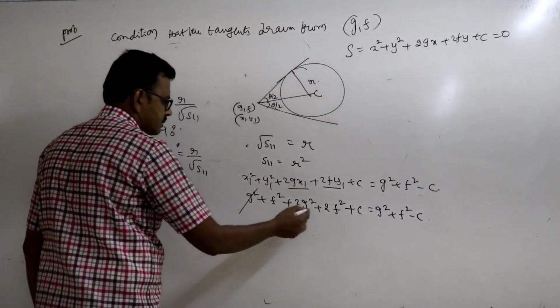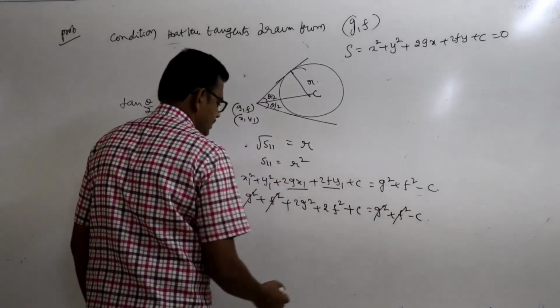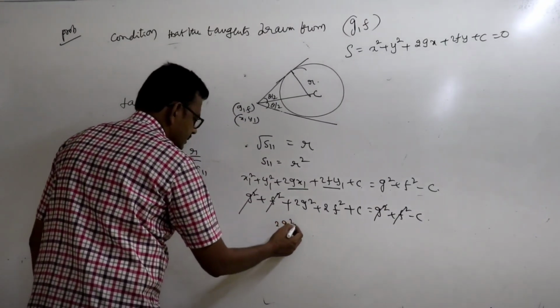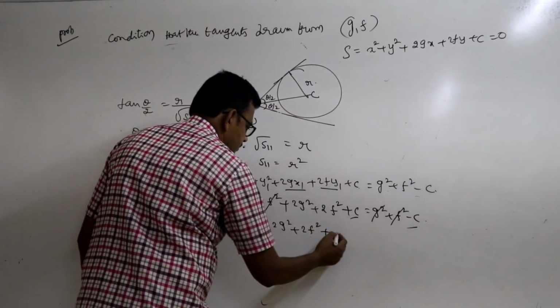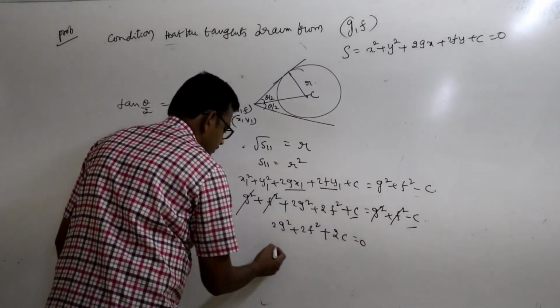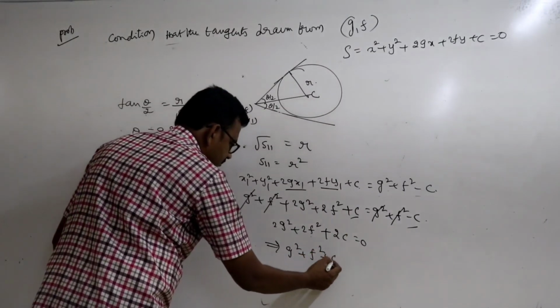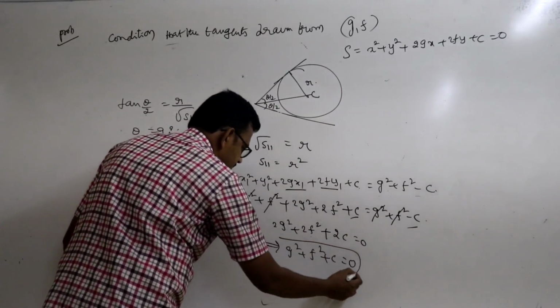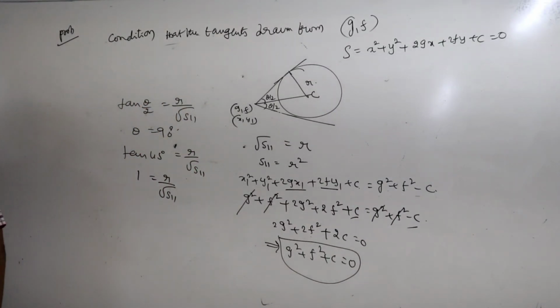So the g square and f square cancel. Therefore 2g square plus 2f square plus 2c equals 0, which implies g square plus f square plus c equals 0. So this is the condition that the tangents are perpendicular to each other.